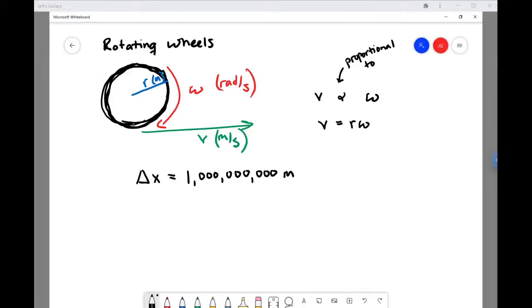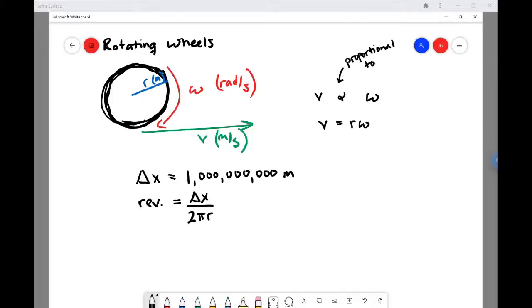So what that is, let's just write it out as this. REV for revolutions is going to equal the total distance traveled divided by the circumference, which would be 2 pi r.